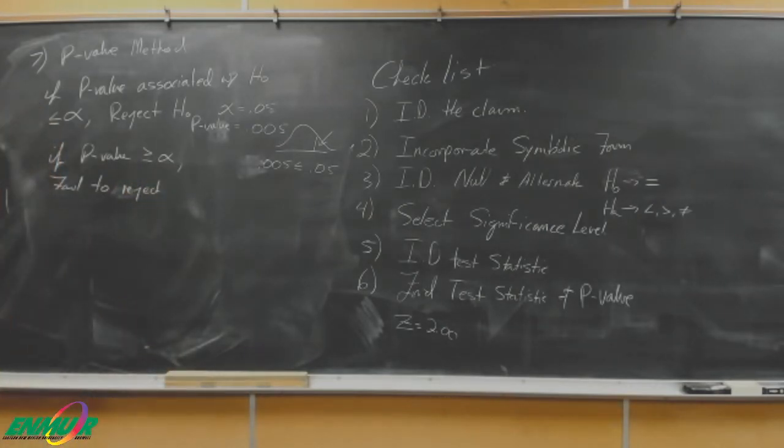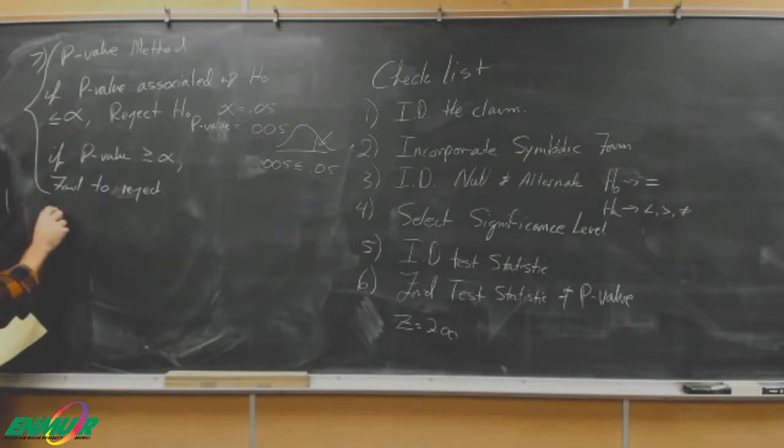Fail to reject it. This is our p-value method. This is how we are going to say we're going to reject the null hypothesis or we're going to keep the null hypothesis, okay? So all of this is the p-value method.